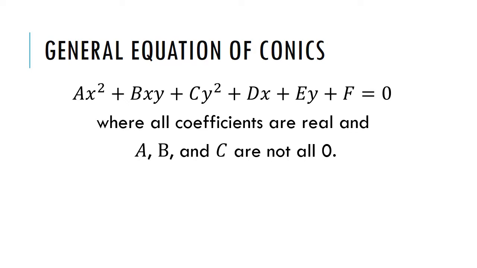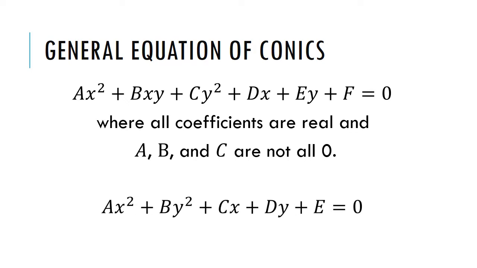And thus, for the simplicity of our lesson and for the purpose of our discussion, we are only going to deal with conic sections with general equations that do not have an xy term, that is, b is equal to 0. And thus, we may define a new general equation which is free of the xy term, which is ax squared plus by squared plus cx plus dy plus e equals 0.